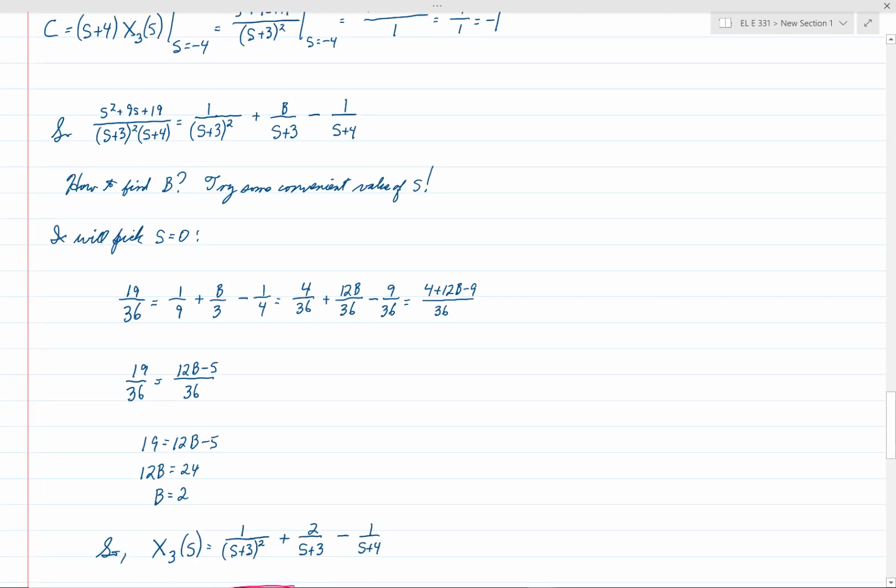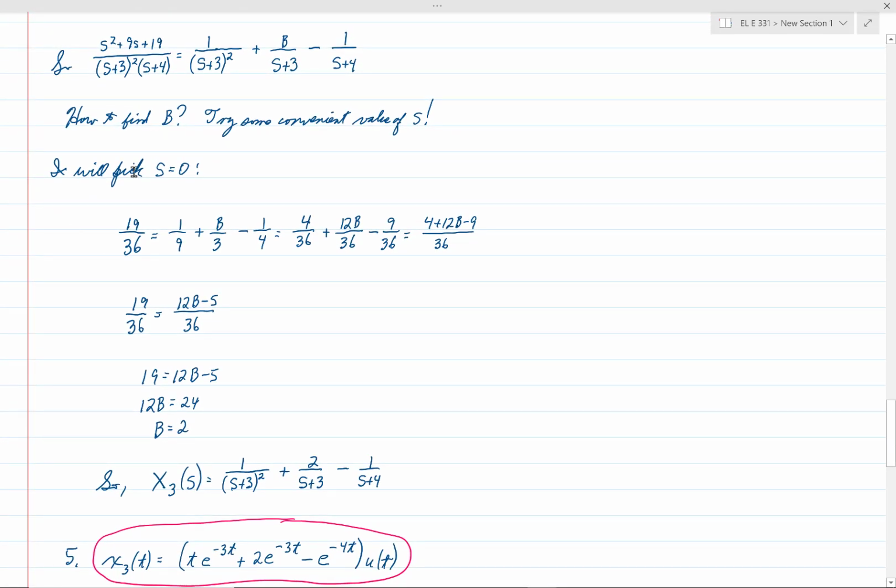What I would rather do is go again with this method of just picking a convenient value of s and see if it's easy to solve for B that way. And again, when I pick a convenient value of s, the first one I always try is 0, because 0 is not one of the values that makes the denominator go to 0, so we should be in good shape.